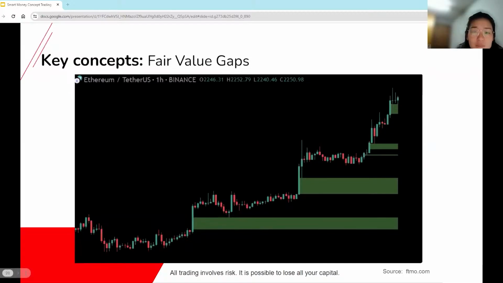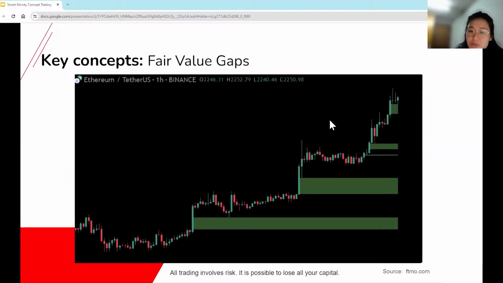This is an example of a fair value gap, which basically describes an imbalance in the market. You can see from our first example here, the price departs from a specific level with limited trading activity over here, so it results in a one-directional price movement.